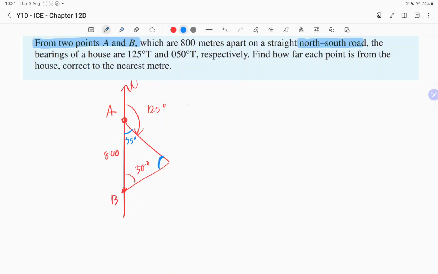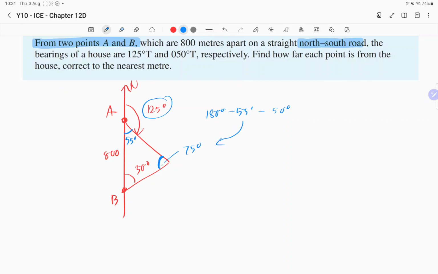So let's work that one out. Technically you can just use the exterior angle theorem, where the external angle is the sum of the two internal angles. So that one plus 50 would be 125, so that's 75 degrees. Or you can go 180 minus 55 minus 50 degrees, and the answer should be the same, 75 degrees.